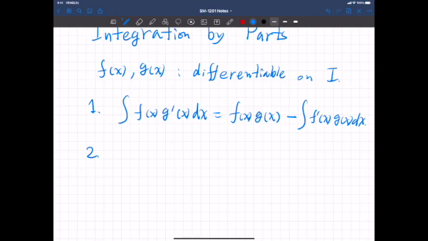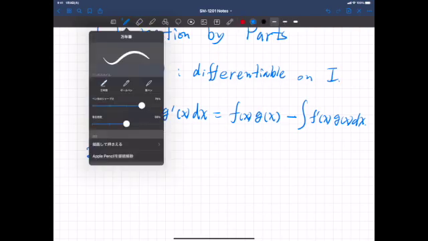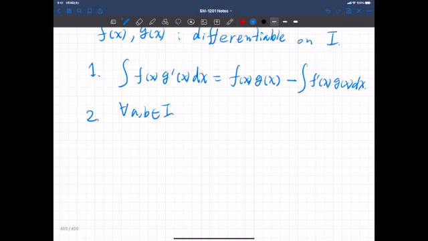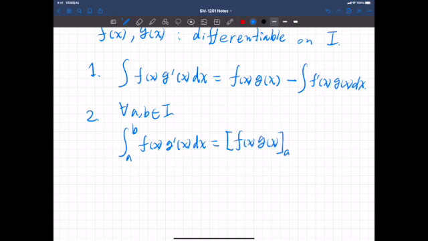And second is the definite integral version of part 1. For any a, b in the interval, we have this definite integral from a to b of f times g prime equal to f of x times g of x evaluated from a to b.